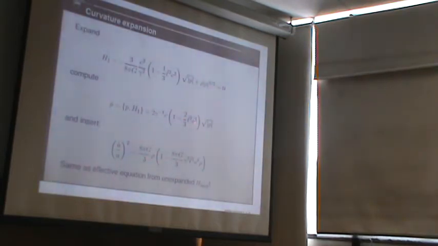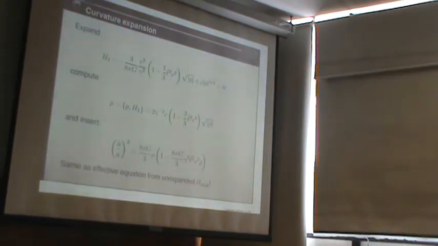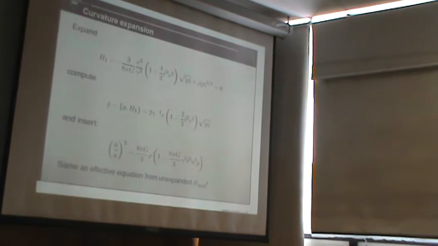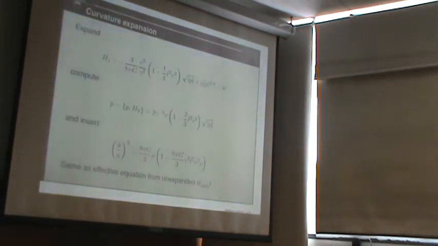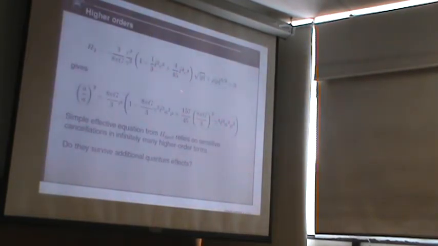We can also invert this, compute C perturbatively in terms of P dot, insert it, and we get exactly the same effective equation. It's also quadratic. So it doesn't matter, we can just use the next order correction or the full expansion and we get the same effective Friedmann equation. Now we go to one order higher here, up to C to the fourth, it is no longer the same.